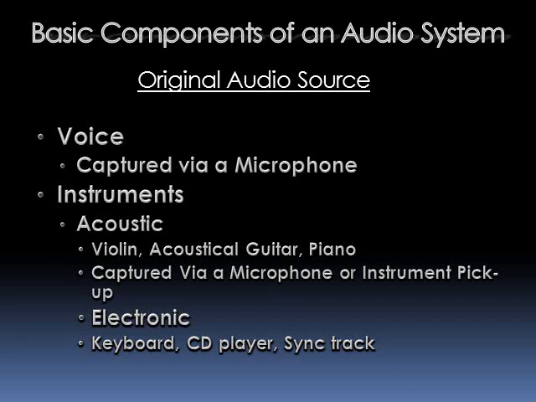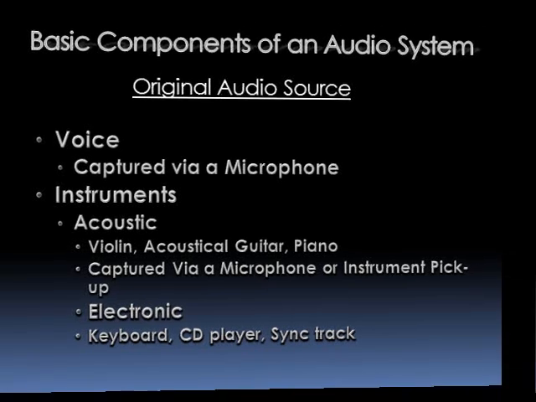These are electronic magnetic devices that work much like a microphone, but just do it in a different way. There's also electronic keyboards, CD players, sync tracks, these types of things already are electronic. We don't need to capture acoustic waves, turn them into electrical in order to work with them.